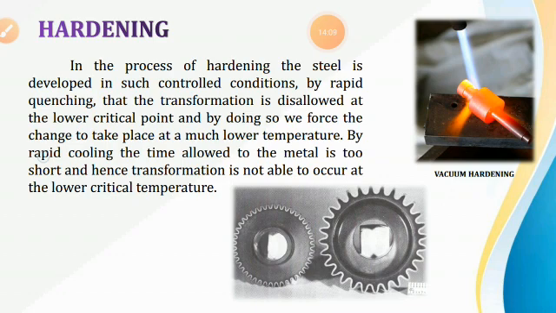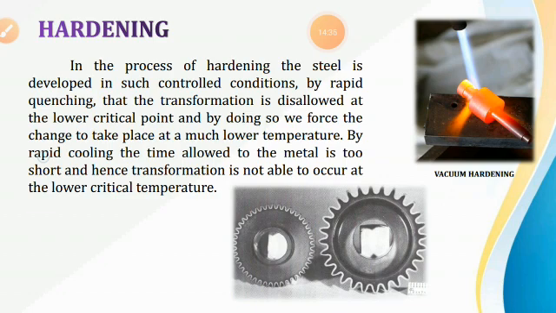The transformation is nothing but hot surface to cool surface, because in the furnace the material is in the hot condition. Okay, and when it is dipped in water, the surface of the metal becomes cooled.